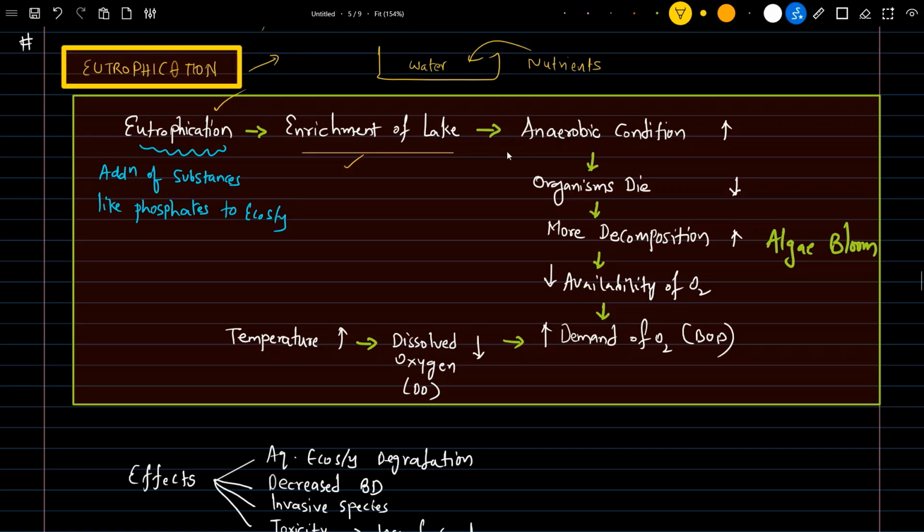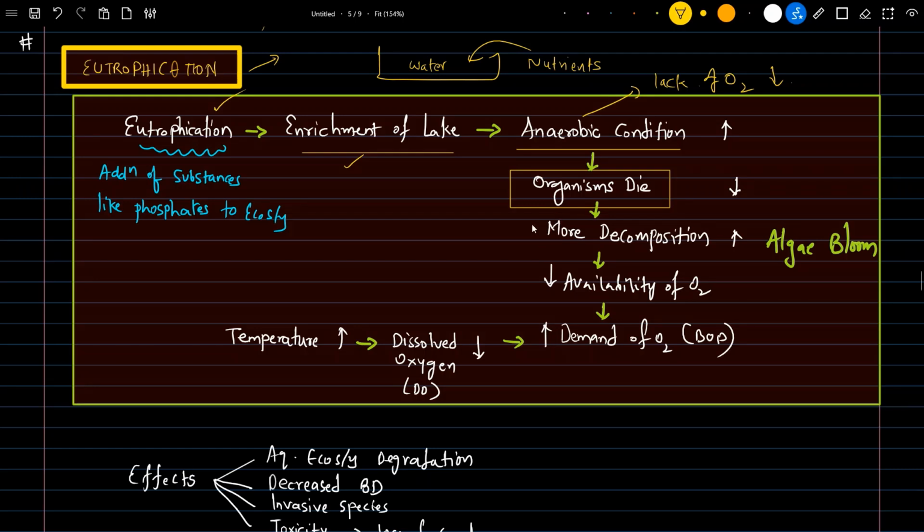So what happens if eutrophication happens? It means there will be an anaerobic condition, a lack of oxygen. So O2 will decrease, which means the organisms in the aquatic ecosystem will be dying.